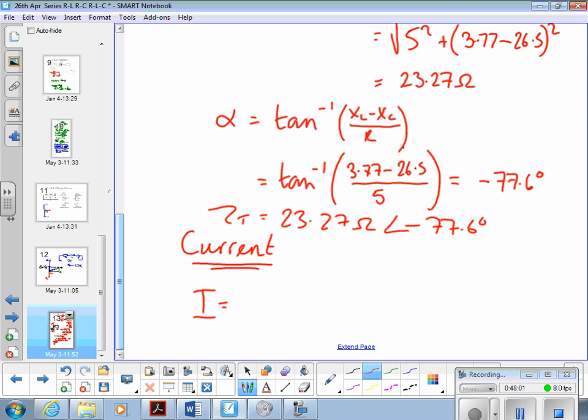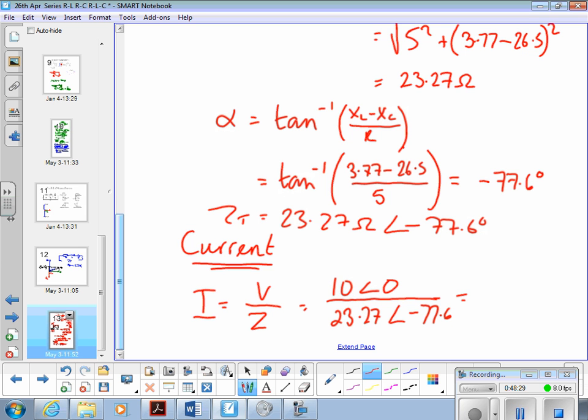And we know the capacitance is bigger, so that looks right. Got a negative angle, and our current is V over Z, 10 angle 0 divided by 23.27 angle minus 77.6 equals.